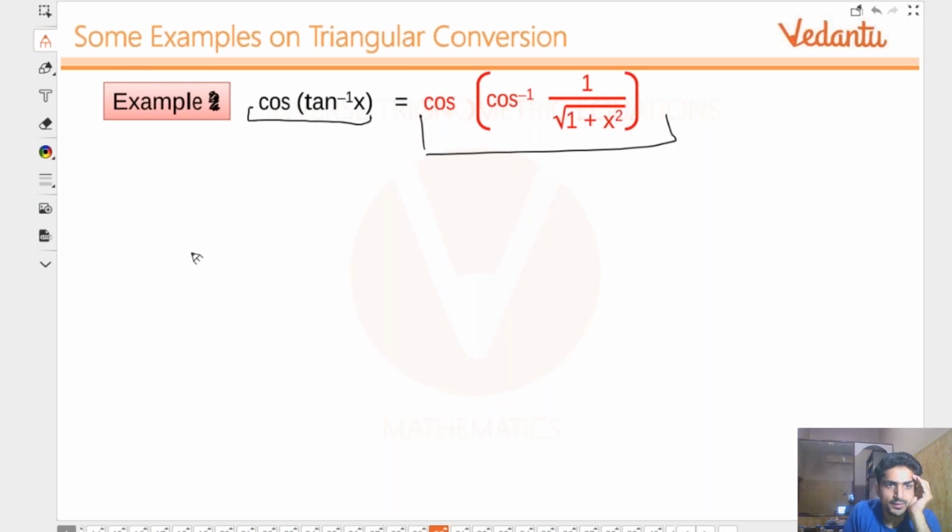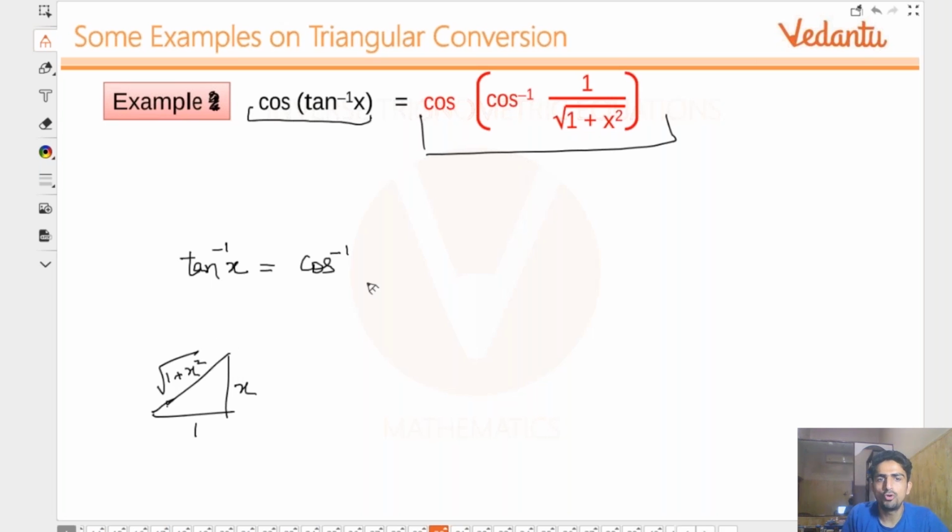Look guys, when it comes to tan, please listen to me carefully. This is typically for competition, I'm telling you. If I have to write tan inverse to cos inverse, I can do it, no doubt. I will draw a triangle, perpendicular by base. So the hypotenuse is root of 1 plus x square. So if I want to convert it into sine inverse, I can write it as 1 by root 1 plus x square. But we know this is not always true.